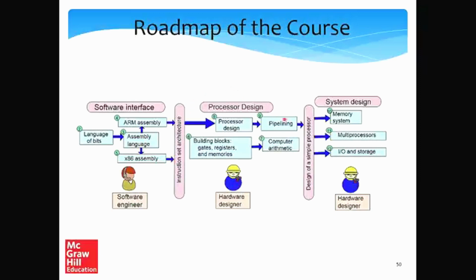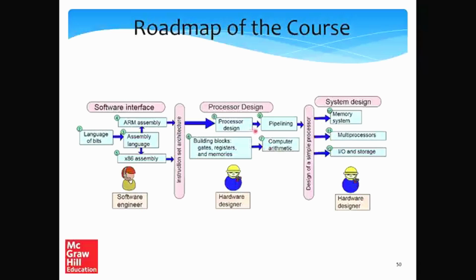The middle half of the course will look at processor design. We'll start from the building blocks, gates, registers and memories, to look at how basic logic gates and registers are made, how memories are made. We'll look at all of that from a circuit point of view. And then we'll have slides on how to add, subtract and multiply numbers, computer arithmetic.